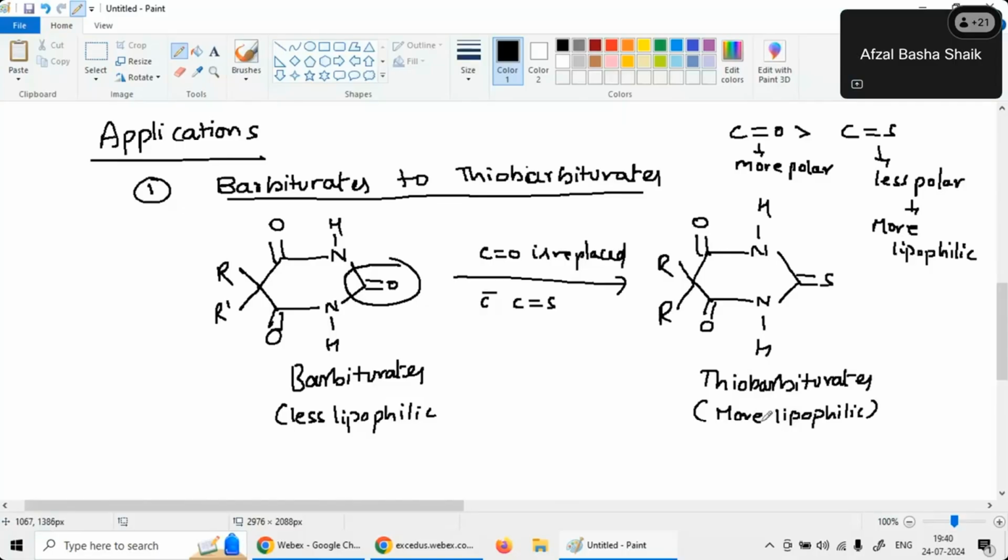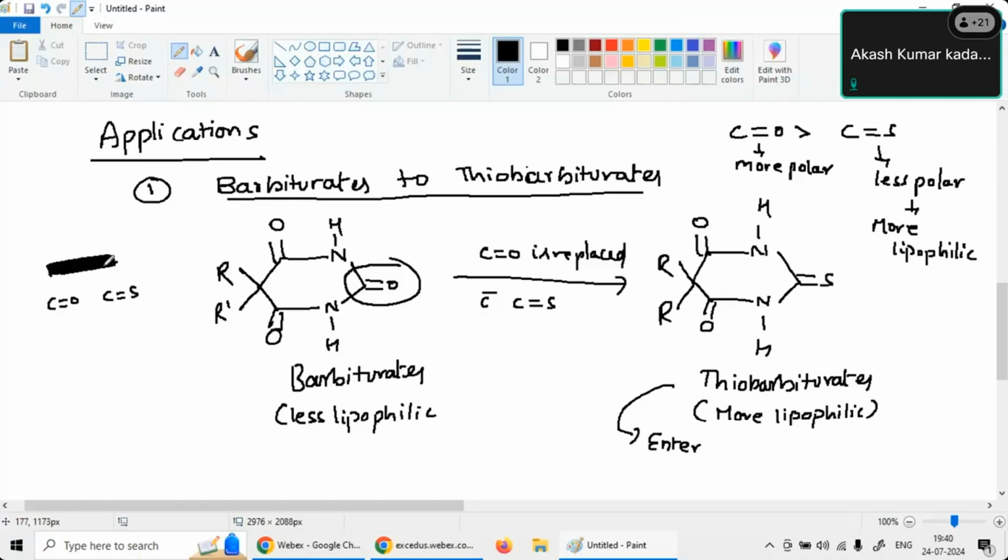As they are more lipophilic, can they enter into the CNS fast? Yes, because they can readily cross the blood-brain barrier. So this is the blood-brain barrier. You have compound C double bond O, C double bond S, which can easily cross this blood-brain barrier.